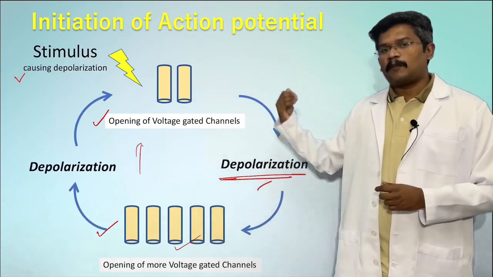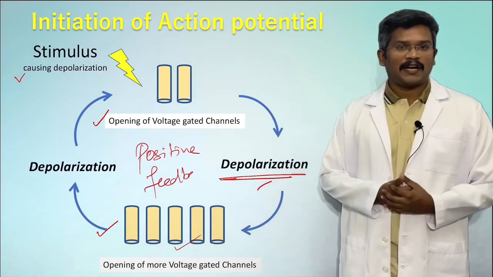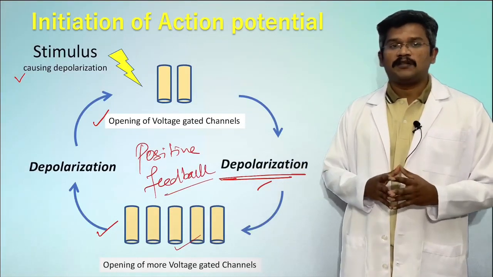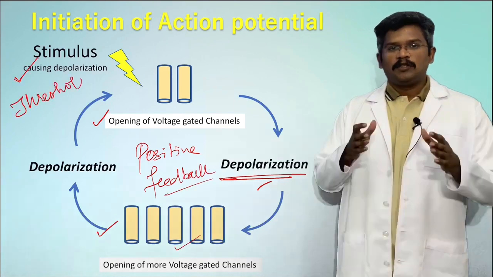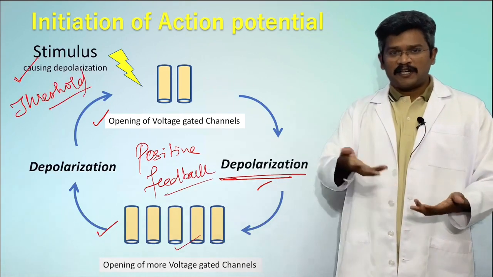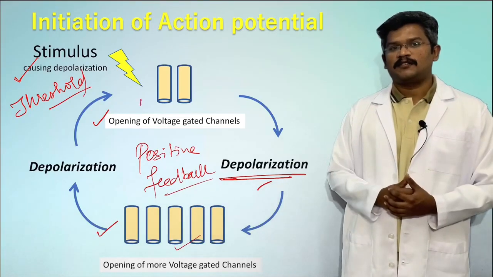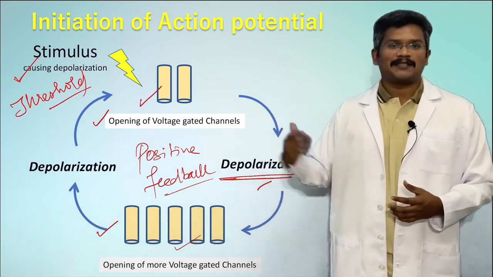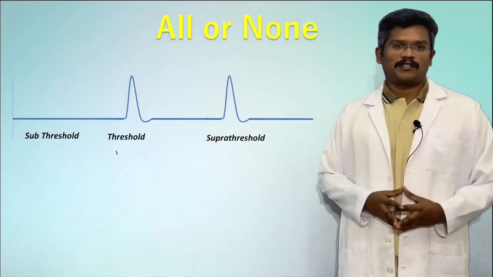So this leads to a positive feedback cycle, and this is responsible for the depolarization during an action potential. The stimulus which can elicit an action potential is called a threshold stimulus. So a stimulus, which is any change which opens an adequate number of ion channels, induces this positive feedback cycle and generates an action potential, is called a threshold stimulus.